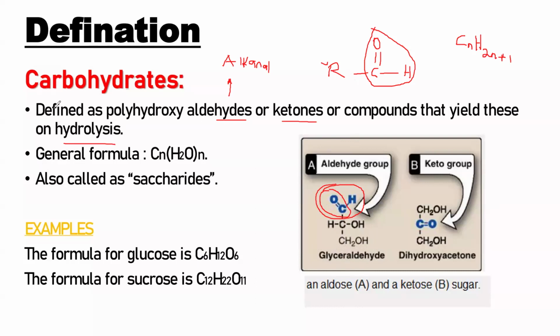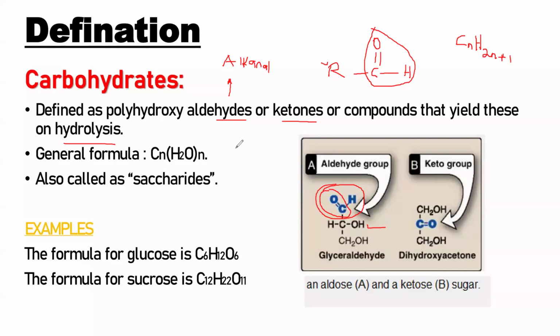So from here, we said carbohydrate is defined as polyhydroxyaldehydes. So let's see here, do we have a polyhydroxyaldehyde in this case? Hydroxy means OH. So whenever you see the word hydroxy, it means OH. Poly means many.